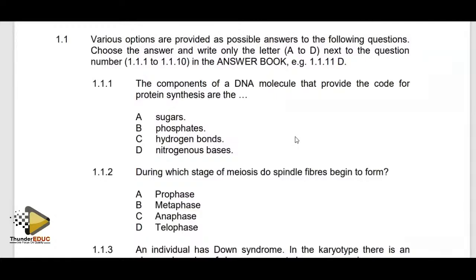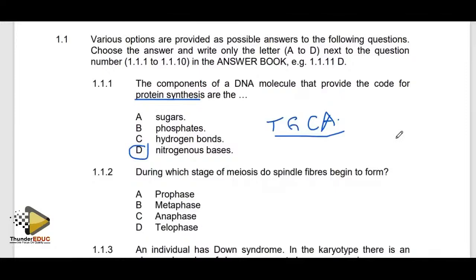We are talking about the thymine, the guanine, the cytosine, and the adenine. These are the nitrogenous bases which are supposed to be organized together to form a gene. So these are the ones which bring about a protein. So the answer is D.